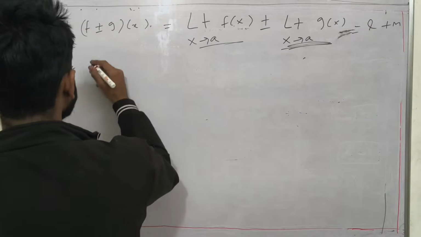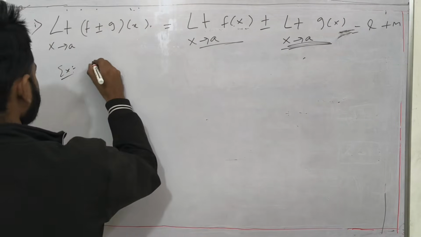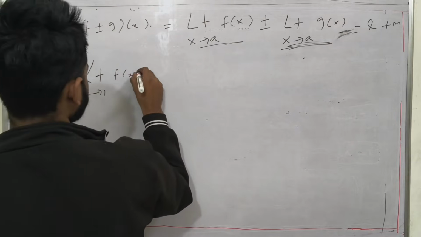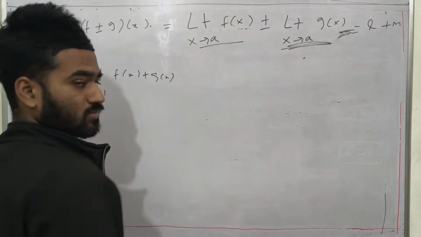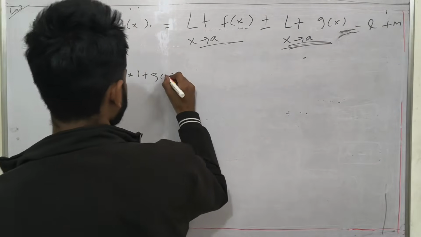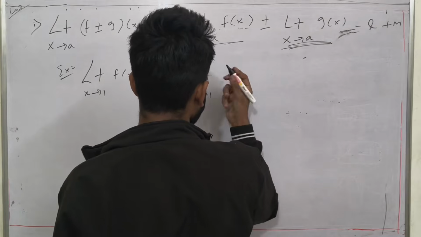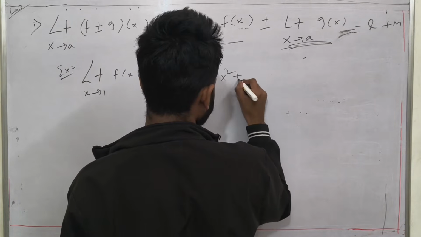The question is limit x tends to 1 of f(x) plus g(x), which equals limit x tends to 1 of x square plus 2x.